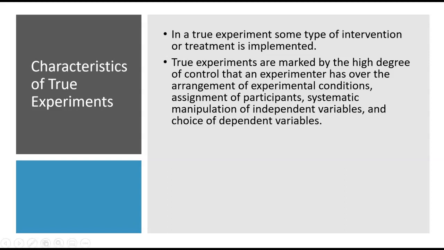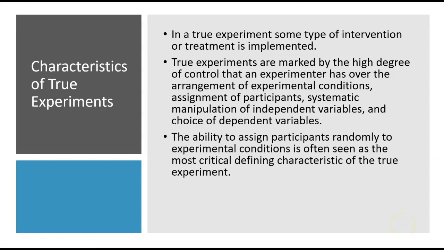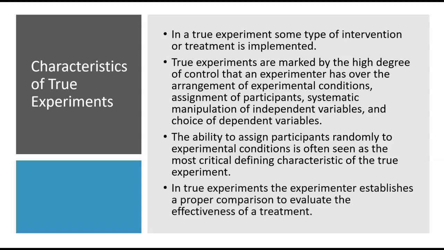All of those things, when they are carefully controlled and you've balanced for any number of competing possible causal variables and kept those held constant, allow you to make causal conclusions. This is particularly true for the random assignment of participants to experimental conditions. And that's often seen as the hallmark trait of true experiments.